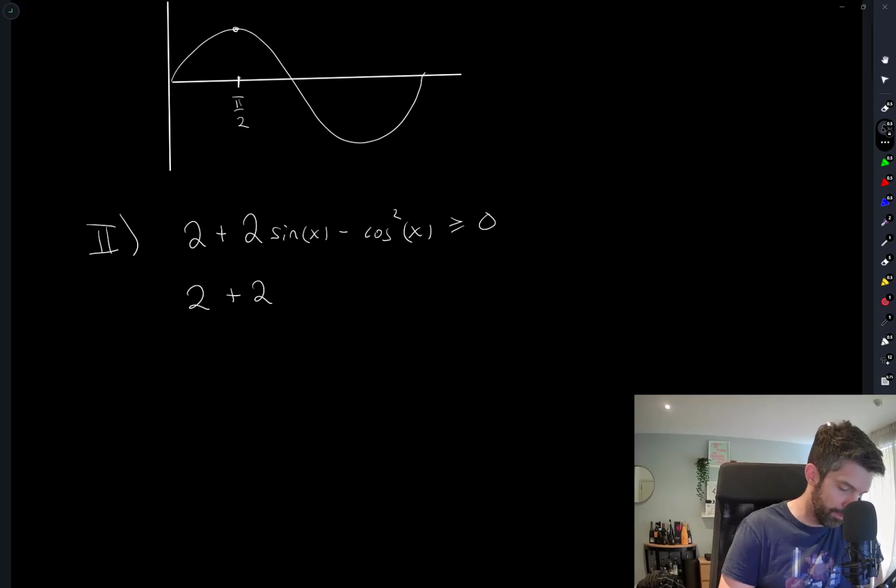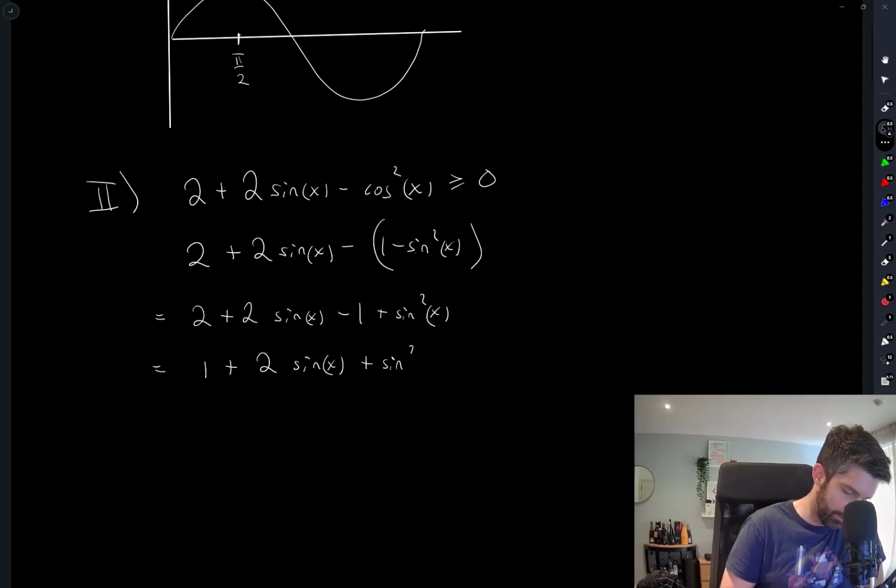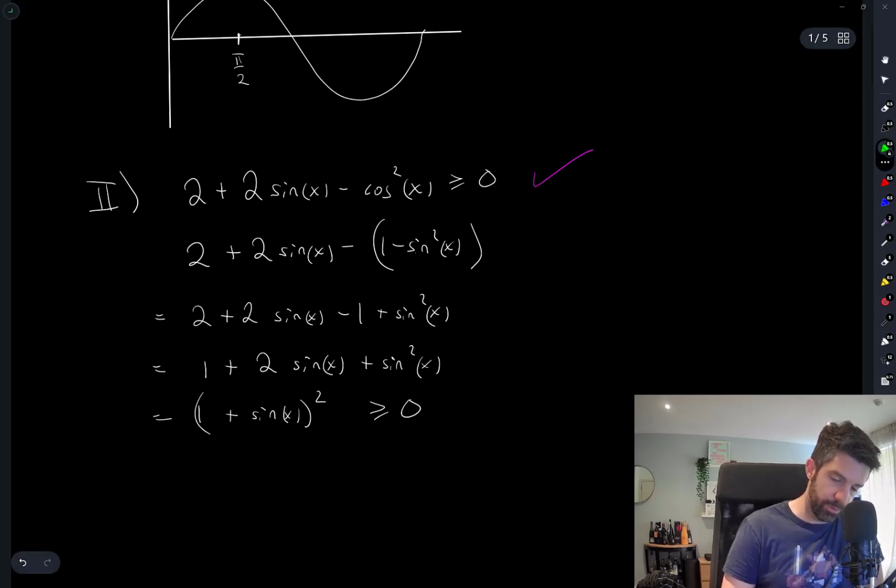So this is 2 plus 2 sine x minus 1 minus sine squared x. Yeah, so this is 1 plus 2 sine x plus sine squared x, which is 1 plus sine x squared, which is greater than or equal to 0. So option 2 is correct.